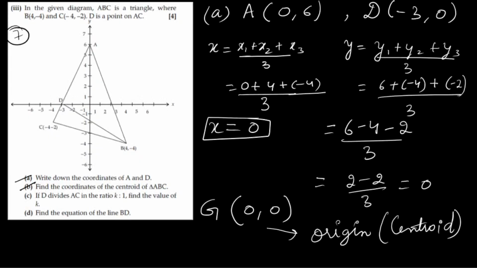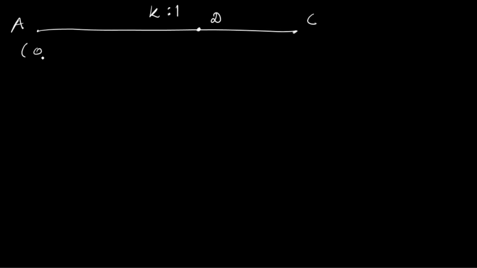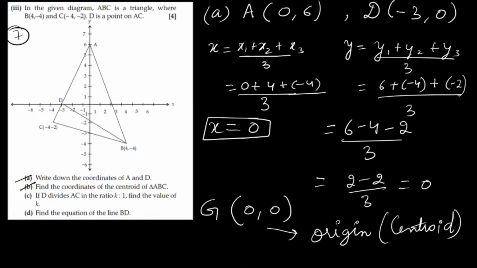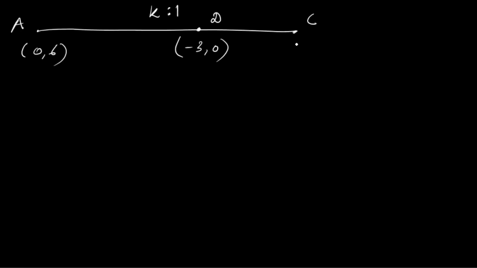A's coordinates we know, it is 0, 6. D's coordinates also we know, it's minus 3, 0. C's coordinates we know, it is minus 4, minus 2. Okay, which formula do we have to use? Tarun has already found the value of K as 3.